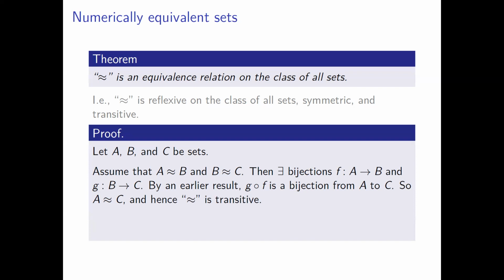We have shown that numerical equivalence is reflexive on the class of all sets, symmetric, and transitive. Therefore, numerical equivalence is an equivalence relation on the class of all sets.